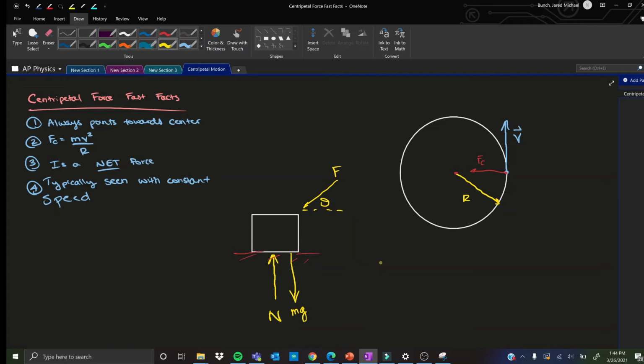So just like how in this problem you would probably sum your forces in the y, and we'll say positive is up, positive to the right. So you would say sum of forces in the y is equal to n minus mg minus F sine theta.